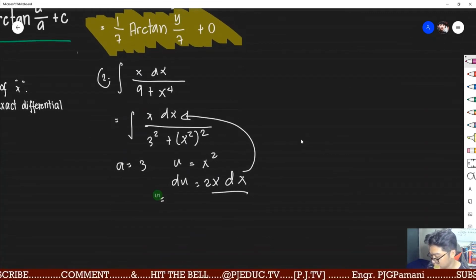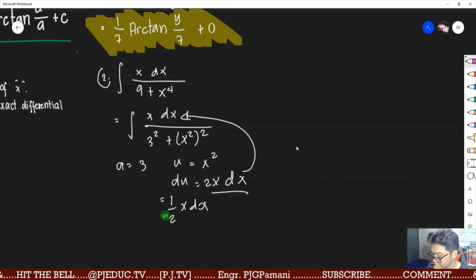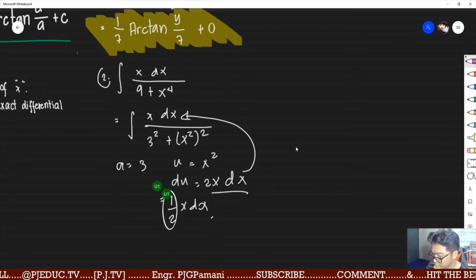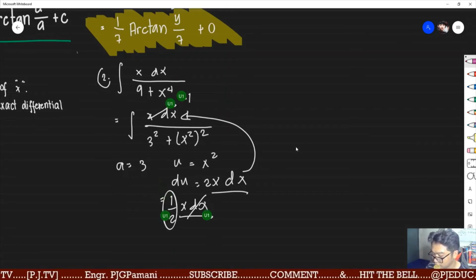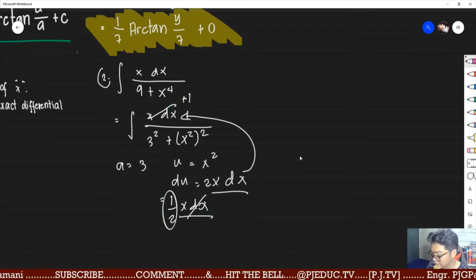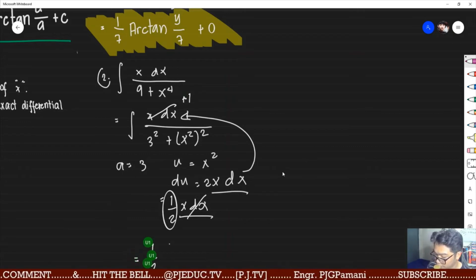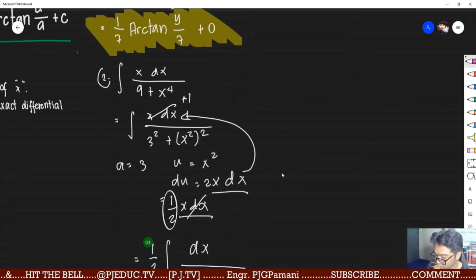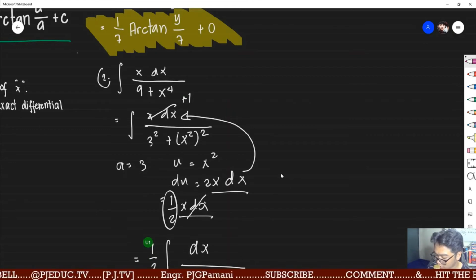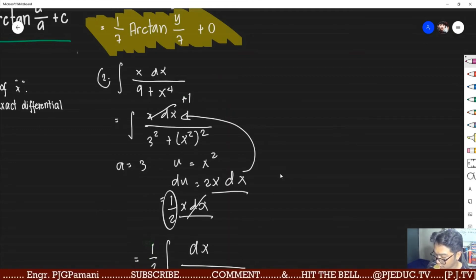So that is 1/2 x dx. We'll just have to introduce a correcting factor, cancel these terms to make this equal to positive 1. So basically, what remains is simply 1/2 of the integral of dx over 3 squared plus x squared, right?